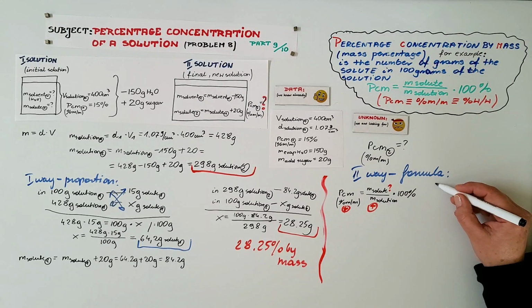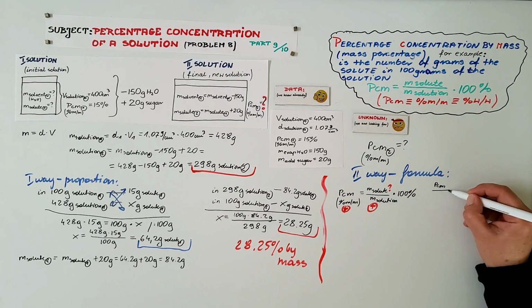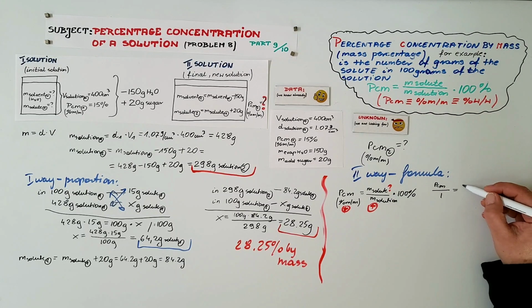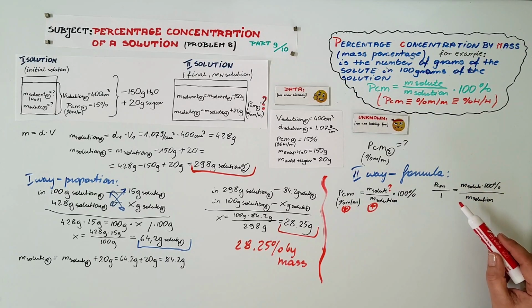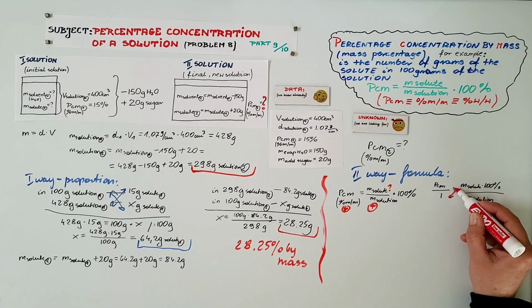How to do it? PCM1 is mass of solute times 100% over mass of solution. So to calculate mass of solute, we need to cross multiplying.